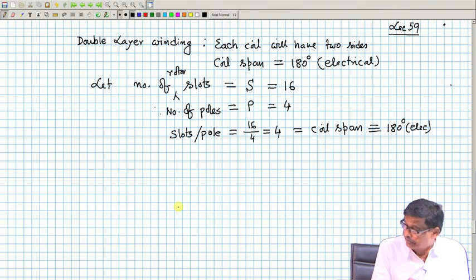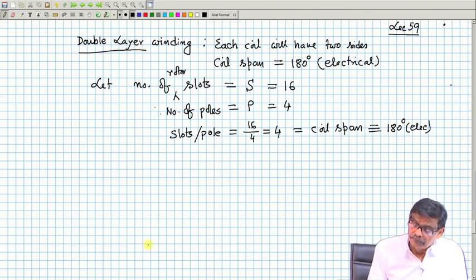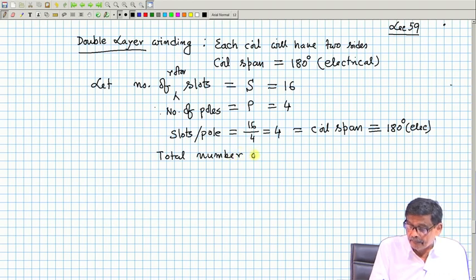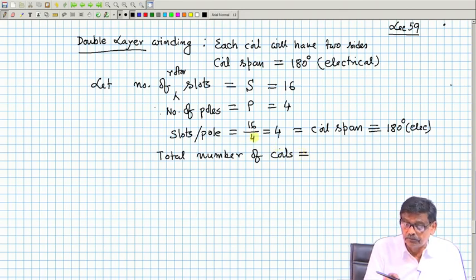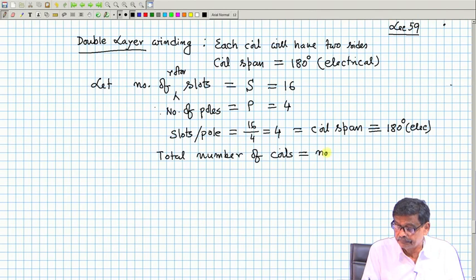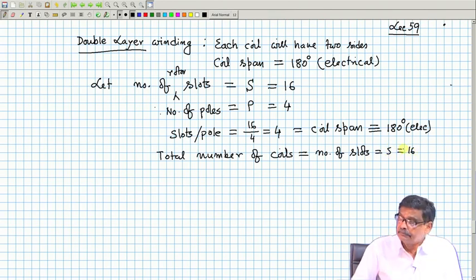Now, follow me very carefully what I am doing. Suppose each slot will have two coil sides, because it is a double layer winding. Therefore, the total number of coils has to be equal to the number of slots, that is S, equal to 16, is it not?